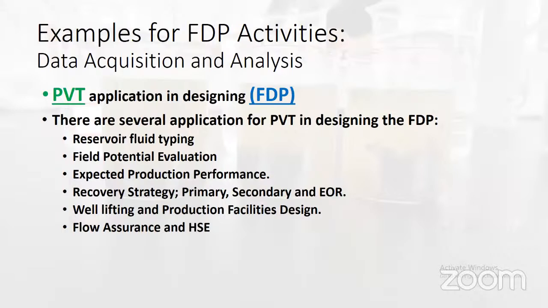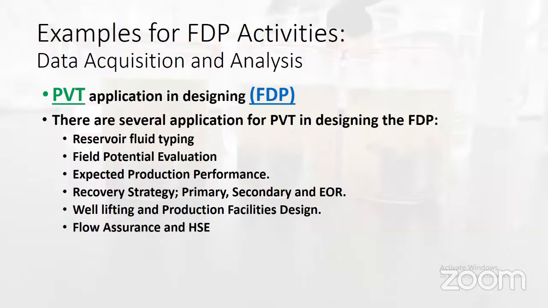And at the end, what about the flow assurance and the HSE or the safety issues? As one example, if we have H2S in our field or in our reservoir fluid, the materials that will be used in the well integrity equipment and the materials that will be chosen for the production facilities will be different from the case where we don't have H2S.